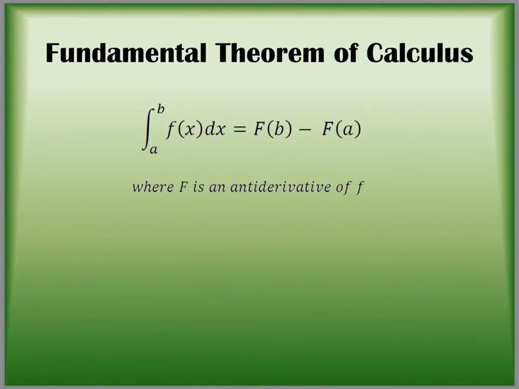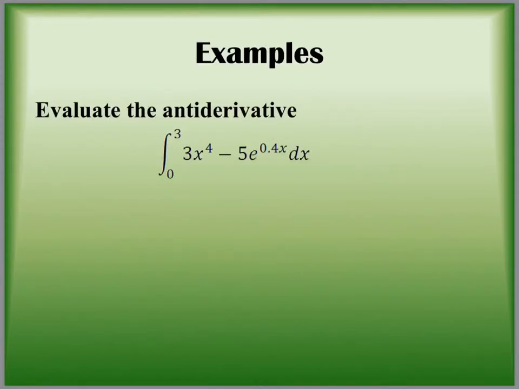Okay, and let's practice using it on one example. Right here. So, first thing we need to do is just what we did on the last example. We'll do this one together. What is the antiderivative of 3x to the 4th? 3x to the 5th divided by 5. And how about 5e to the 0.4x? Lovely.